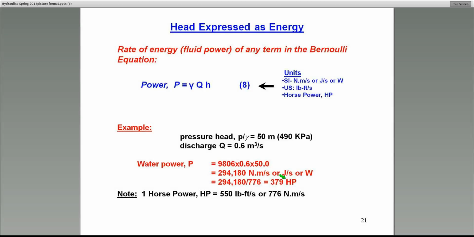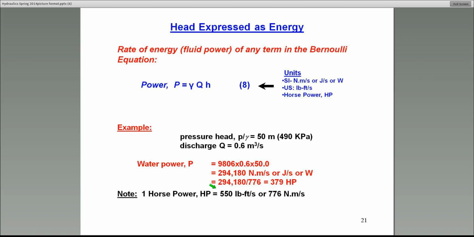Please try to get familiar with that. It's just a unit that's used to scale energy or power. For example, in the SI system, 1 horsepower represents 746 newton meter per second. So if you have energy in newton meter per second, it's usually a large number. Convert that to horsepower by dividing it by 776. The one in the US units is 550.